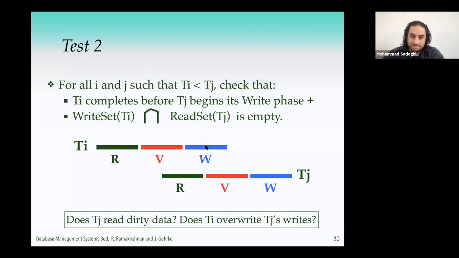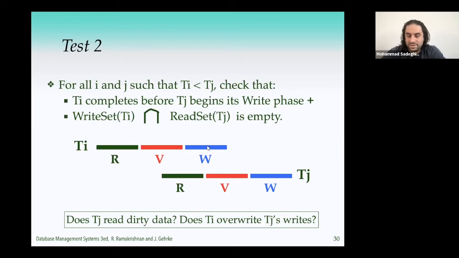If there's no overlap between read and write here, and all the writes of Tj are done after Ti is completely done, then we know these two are not conflicting, so it shouldn't violate the validation. First of all, we know that Tj is not reading any dirty data, which it would have been if it were reading partially, but that's not the case.